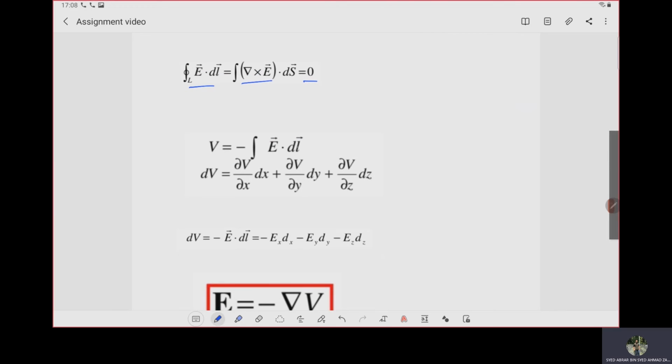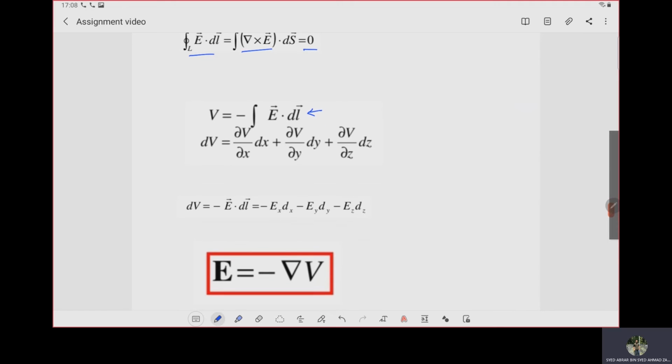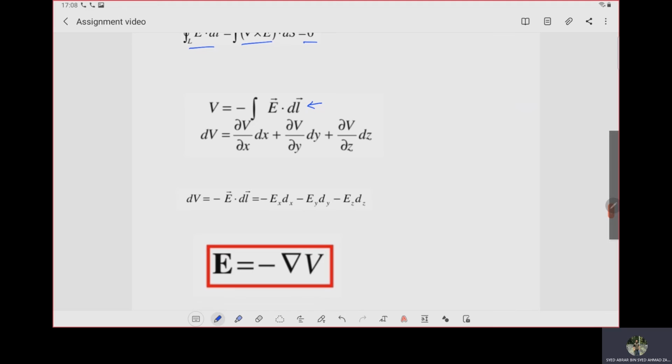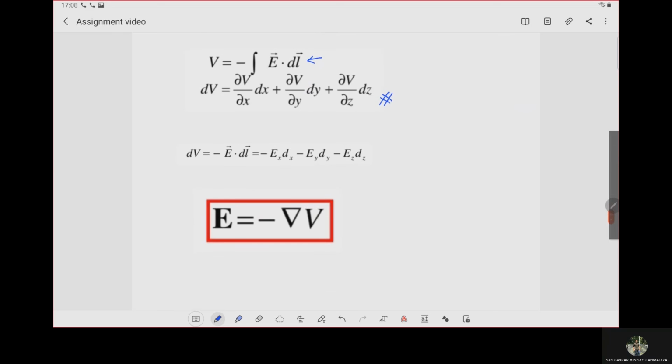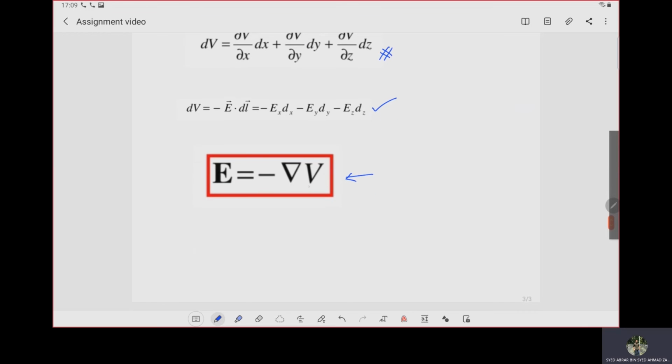So V is equal to negative integration of E dot dl. So we got this from the gradient. And then we can see that the addition will be like this. This is the solution: E equals negative gradient of V.